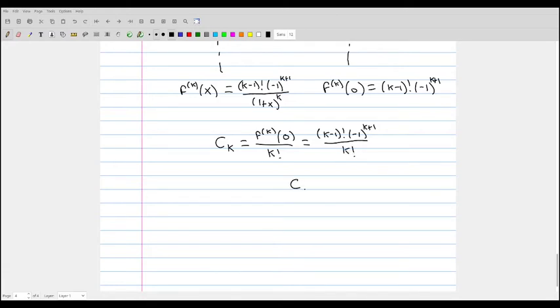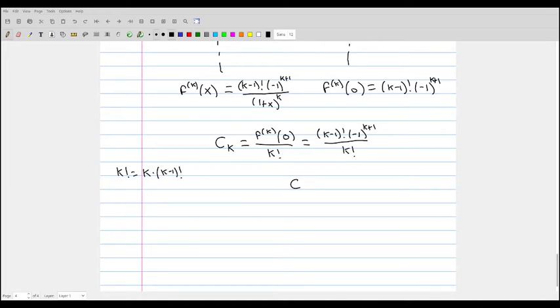And k factorial is the same thing as k times k minus 1 factorial.